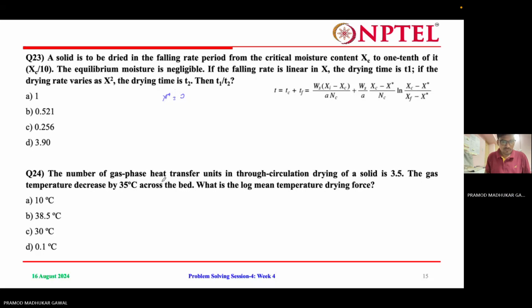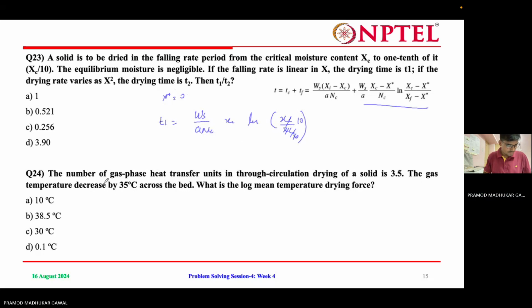Consider the first case: T1 equals Ws divided by A NC, with X equal to Xc, because the equilibrium moisture is negligible, so it is considered 0, times ln of Xc divided by the final Xc divided by 10. Xc gets cancelled, so it's 10.